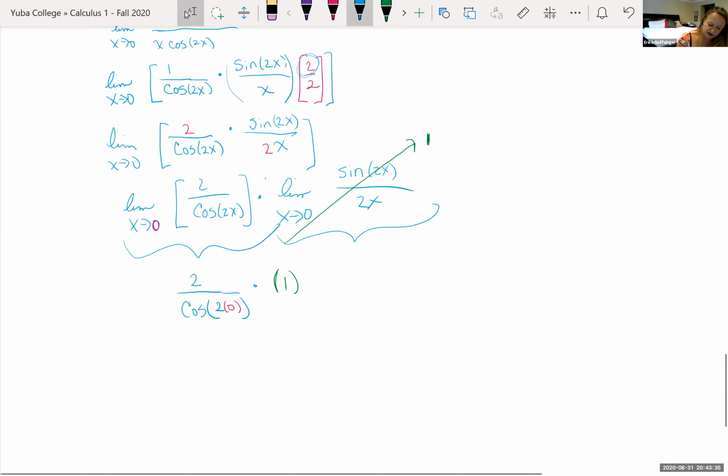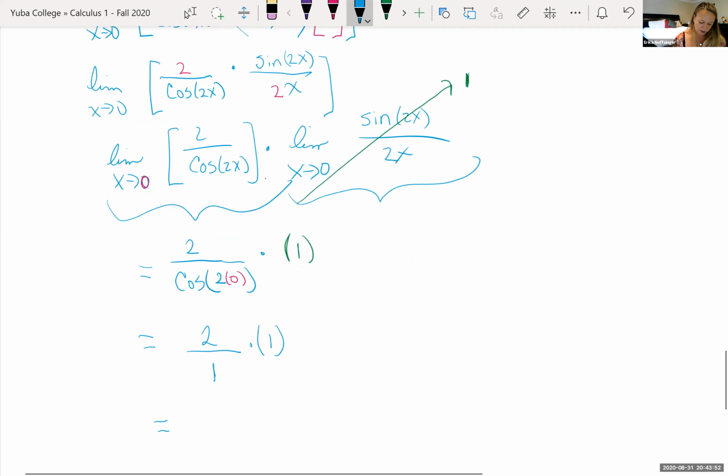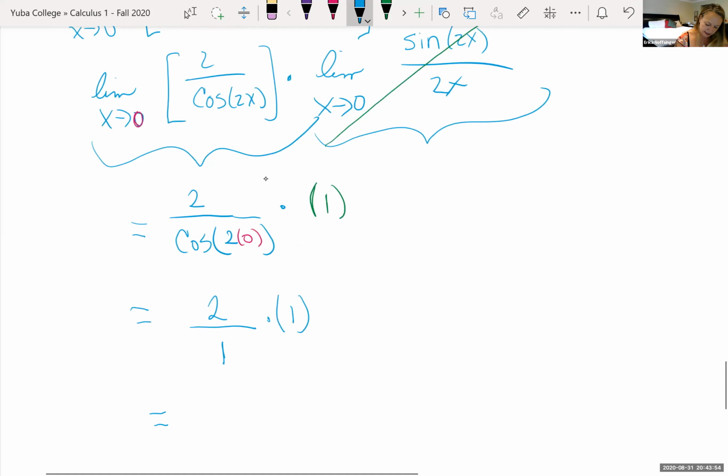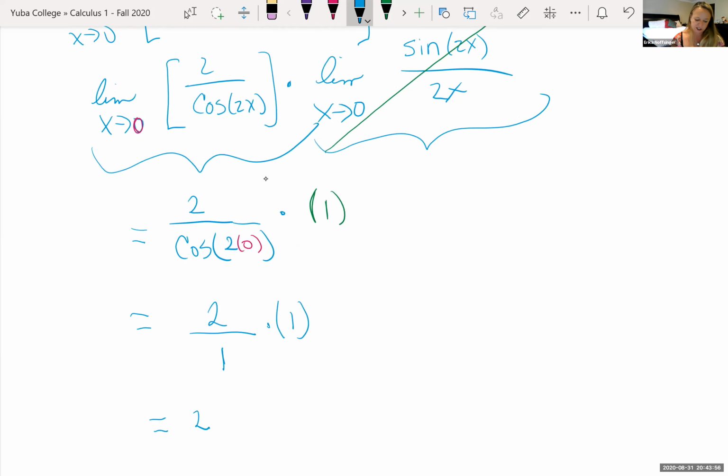And so we have 2 over cosine of 0, which is 1. So we have 2 over 1 times 1. So with manipulation, that limit, when we were first looking at it, was in indeterminate form and didn't tell us anything, but we found that the limit of that function goes to 2 as x approaches 0.